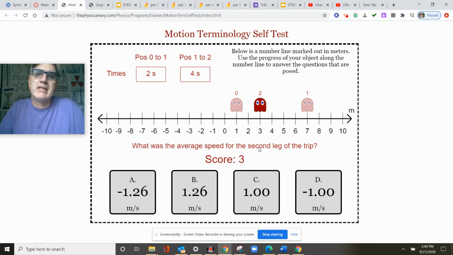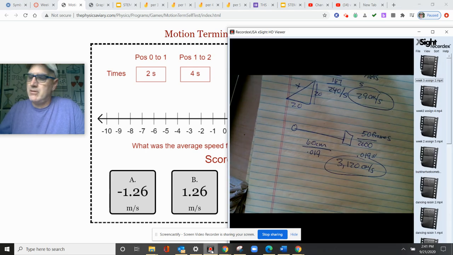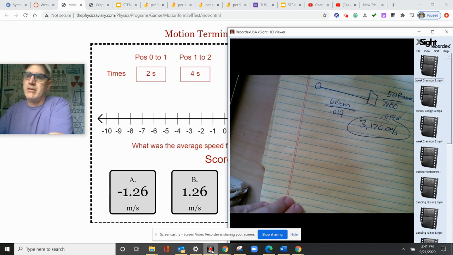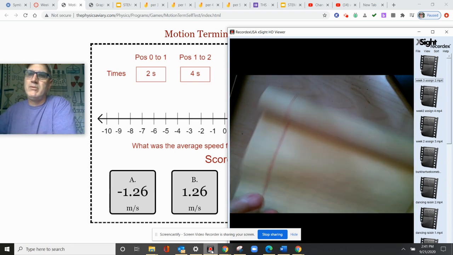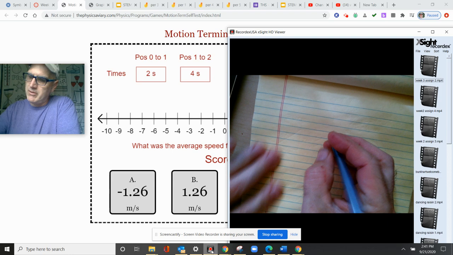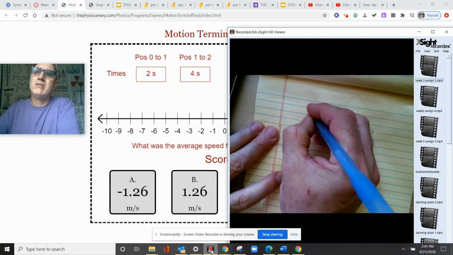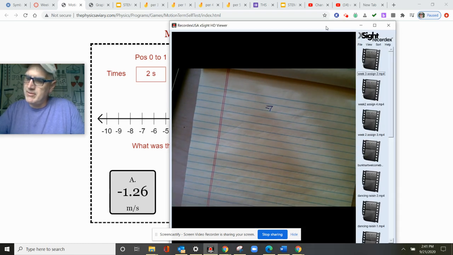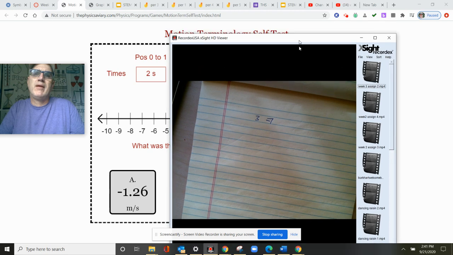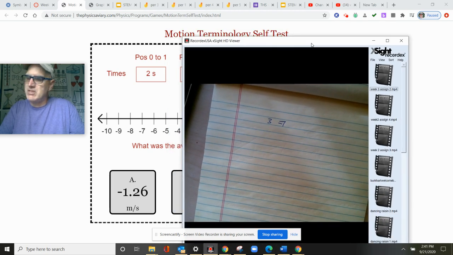The average speed for the second leg of the trip. So let's get our camera out. For the second leg of the trip, I went from 7 to 3. 1, 2, 3, 4. So we went from 7 to 3, and the second leg took 4 seconds.